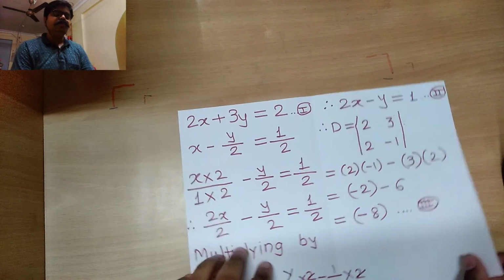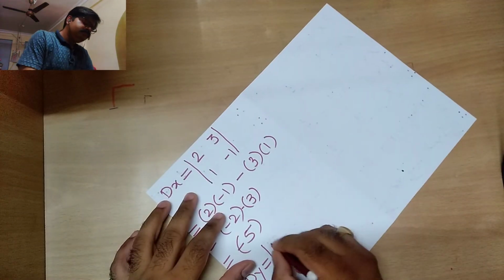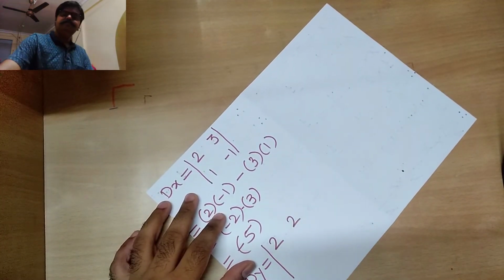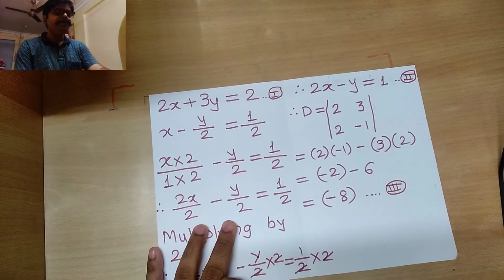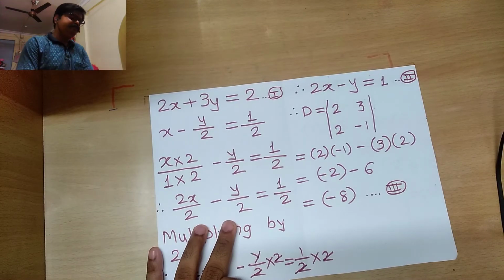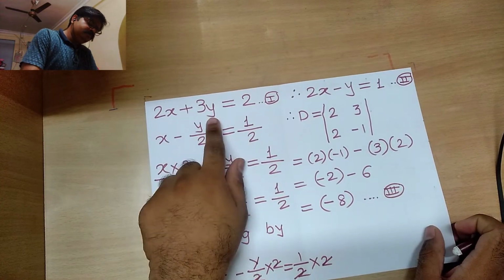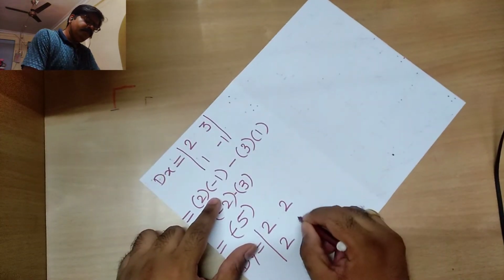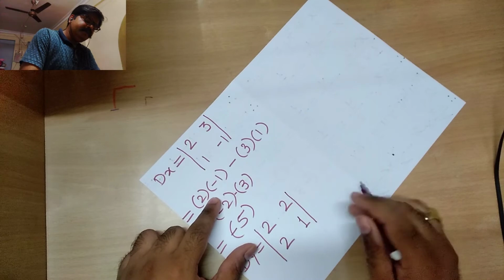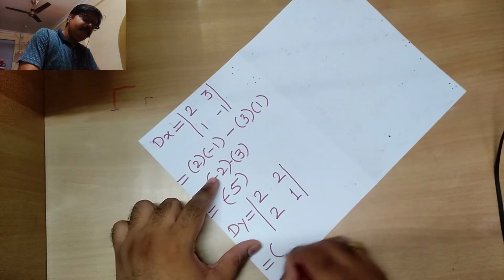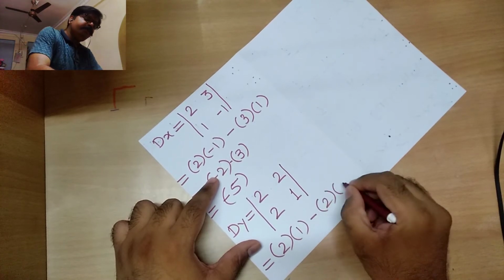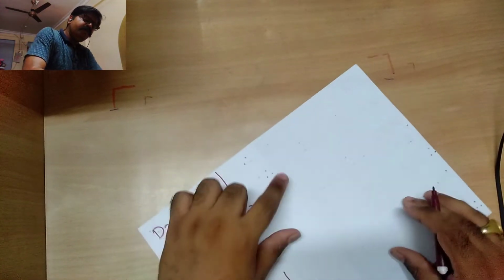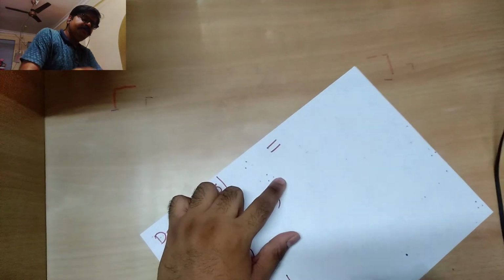So it will be 2 2 and 2 1. 2 multiplied by 1 minus 2 multiplied by 2. Therefore the answer should be 2 into 1, 2 minus 4 should be minus 2.